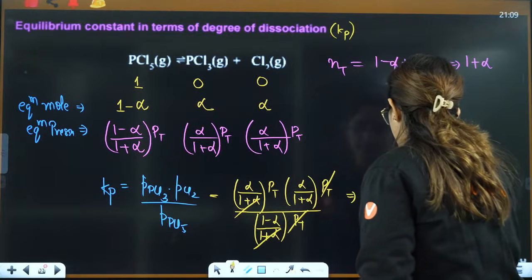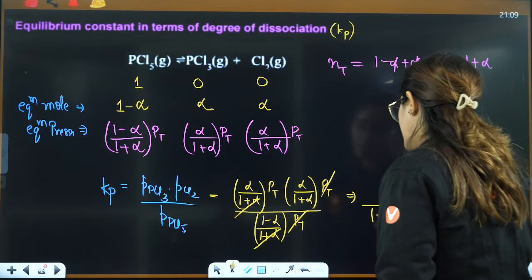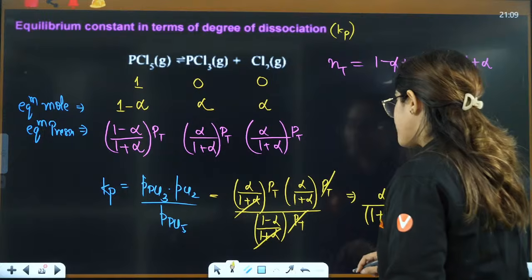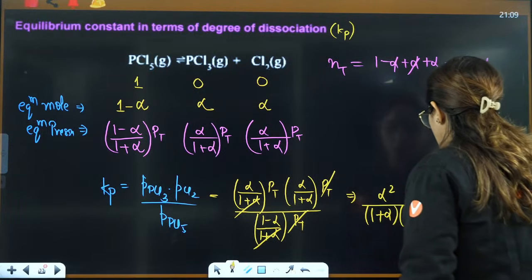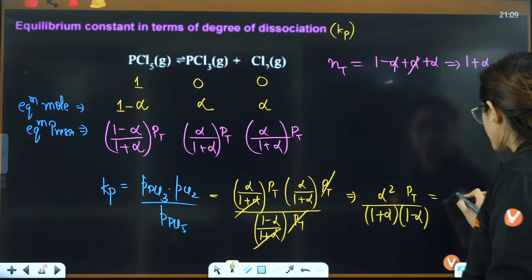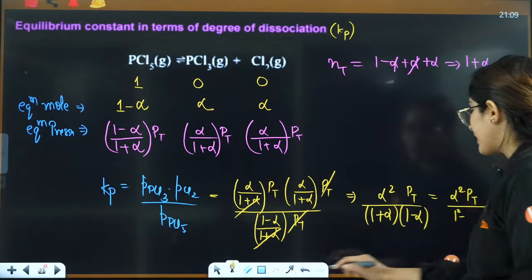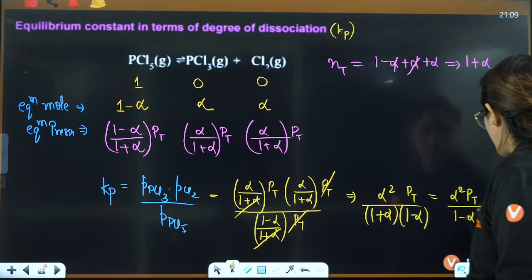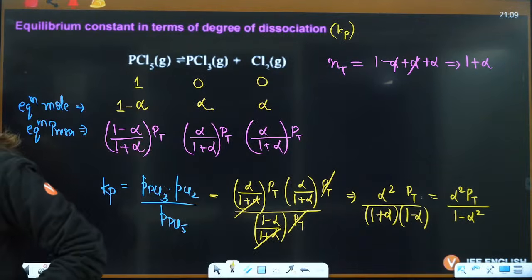This will become alpha square by 1 plus alpha in the division, and this will be 1 minus alpha as well, and this is Pt. So 1 plus alpha times 1 minus alpha is 1 minus alpha square, so this will become alpha square into Pt by 1 minus alpha square, and that is going to be your answer for this one, right?